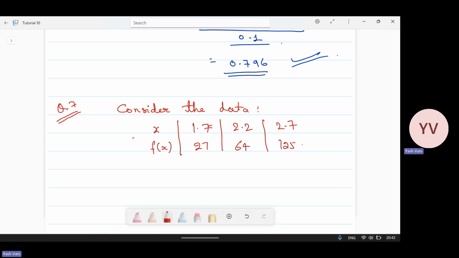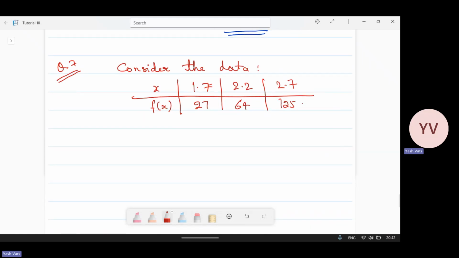What is the 3-point forward difference approximation for f'(1.3)?